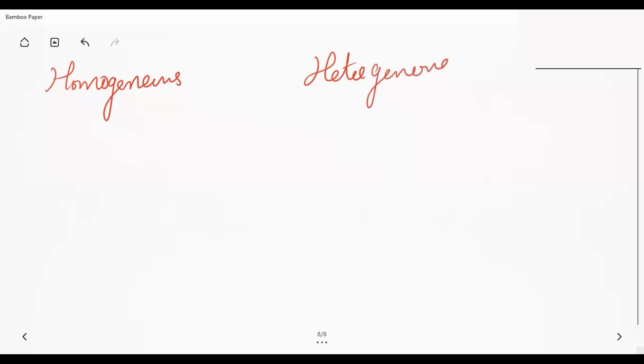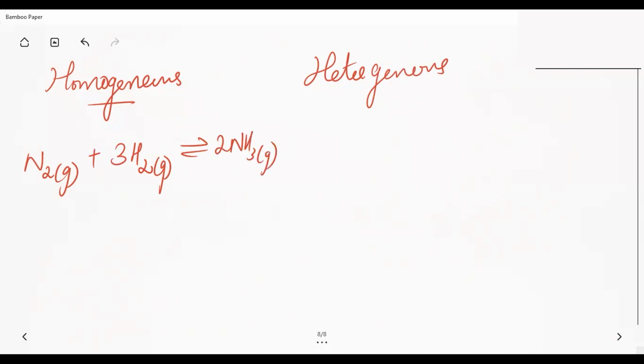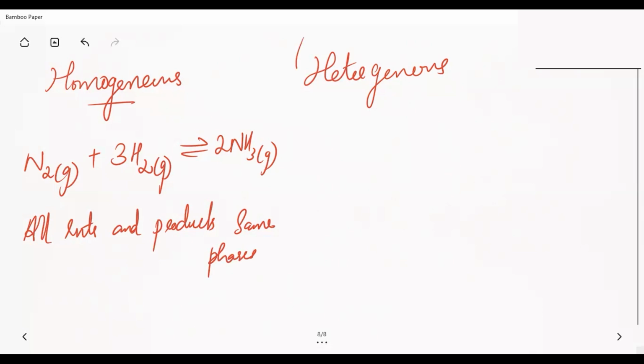For example, N2 gas plus 3H2 gas in equilibrium with 2NH3 gas. You can see here all reactants and products are in the same phase. That is, all are gases here. That is what is homogeneous.